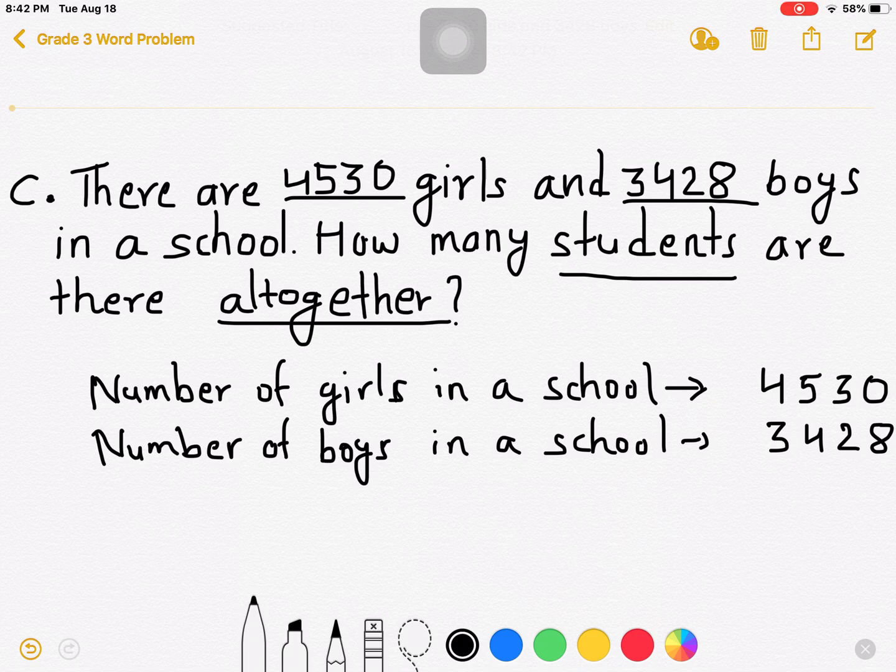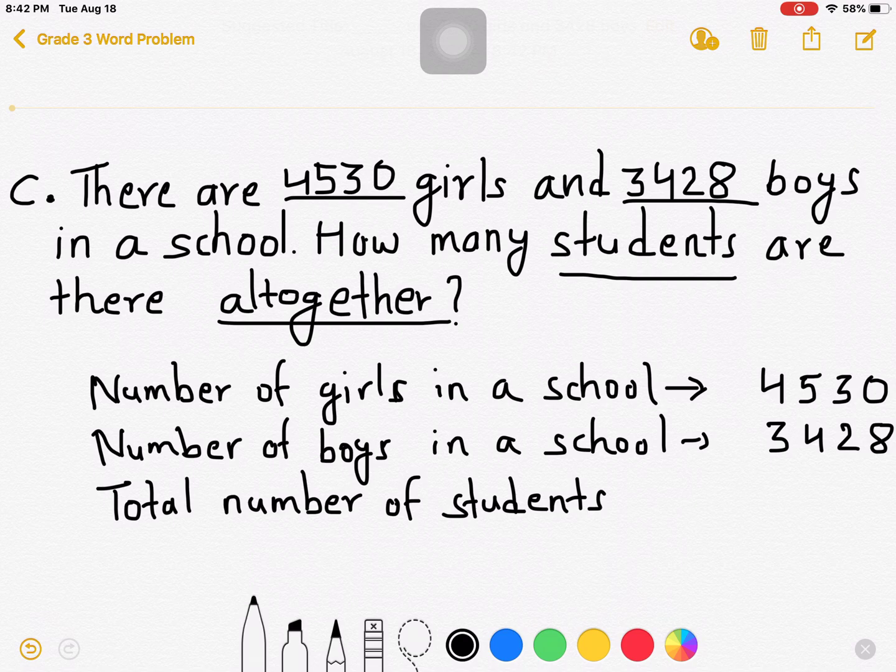Now what is asked here? Total number of students. How can we identify? For this we have to add, isn't it? We have to add. Now let's add.